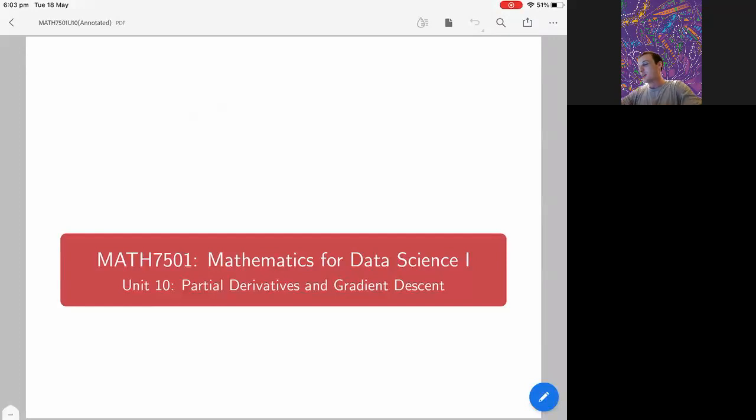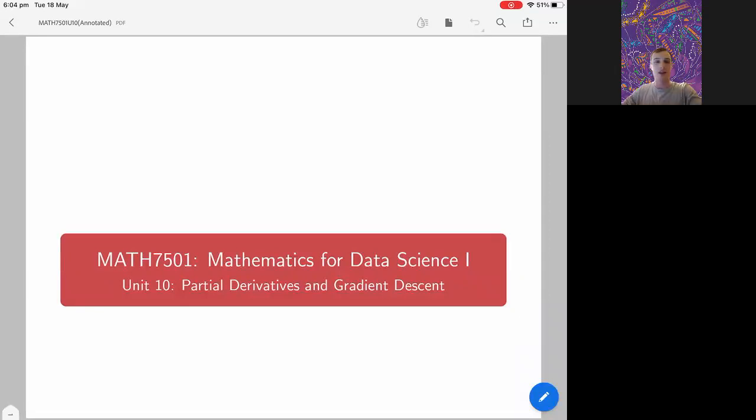Now, gradient descent is something that does come up a lot in artificial intelligence and machine learning, because, as I may have mentioned on a number of occasions, machine learning and artificial intelligence boils down substantially to an optimization problem.